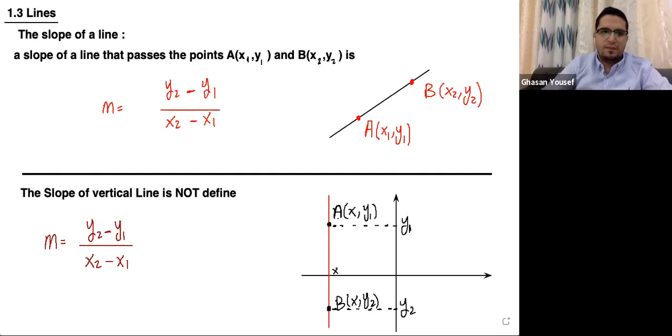So this line passes 2 points. The first point is A, the x coordinate is x, the y coordinate is y1, and the second point is B, the x coordinate is the same x, and the y coordinate is y2. So just plug it inside this formula. What am I going to get?